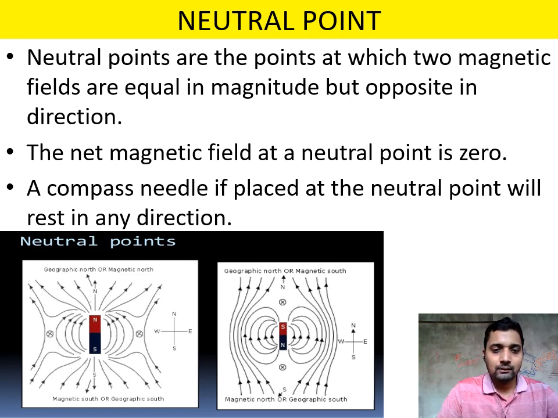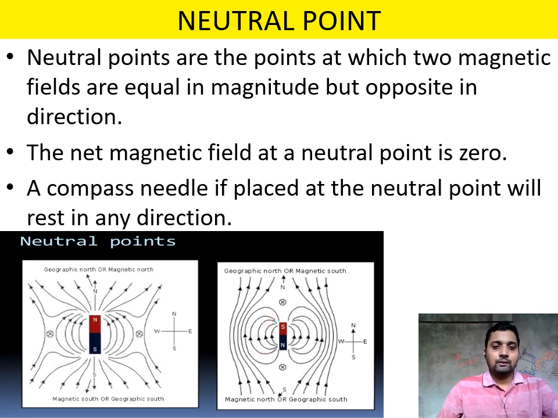Here you can see the cross mark which shows the neutral point. The position of the neutral point is changing. When you keep it north facing north, in one case, and south facing north in the other, in both cases we got the neutral point, that cross mark. But one case is horizontal, and the other case is vertical.